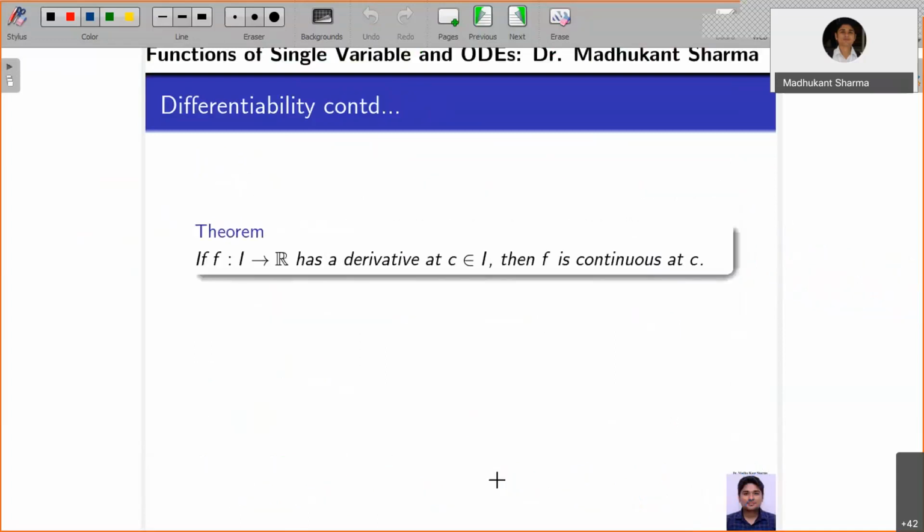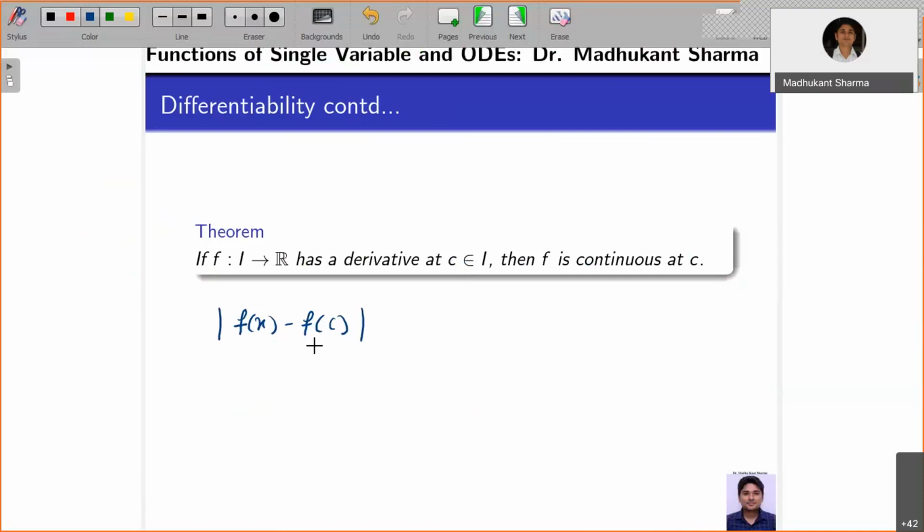Now, immediately from above, you can verify that if a function has a derivative at c, then f is continuous at c. You just write f of x minus f of c, divide and multiply by x minus c, and use the fact that f is differentiable at c.